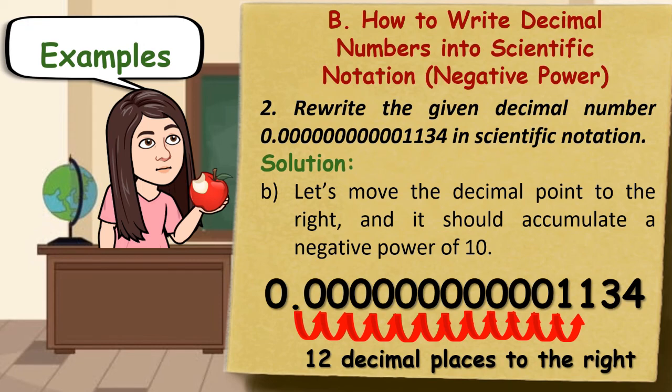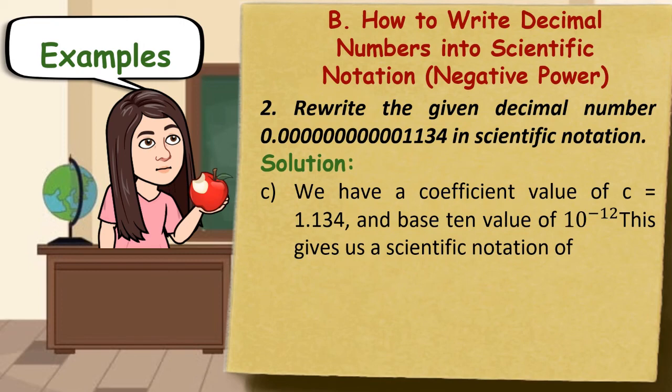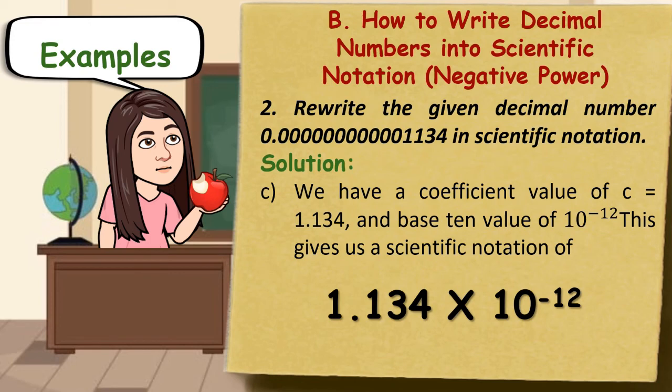And lastly, we have a coefficient value of C equals 1.134 and base 10 value of 10 raised to negative 12. This gives us a scientific notation of 1.134 times 10 raised to negative 12.